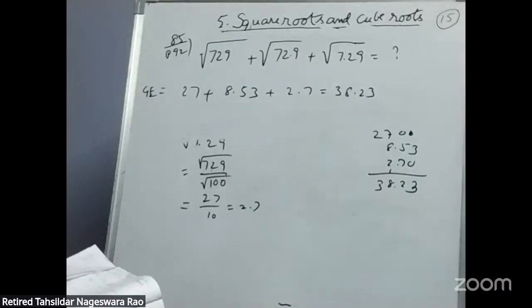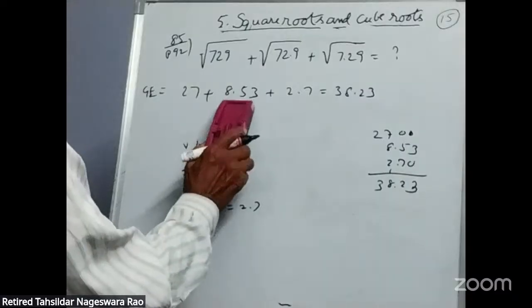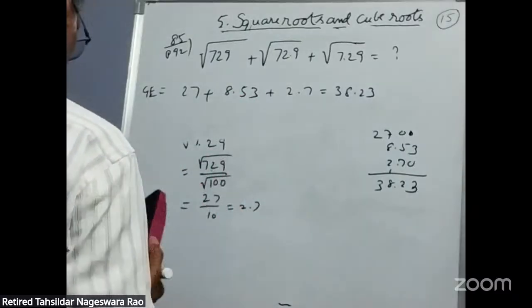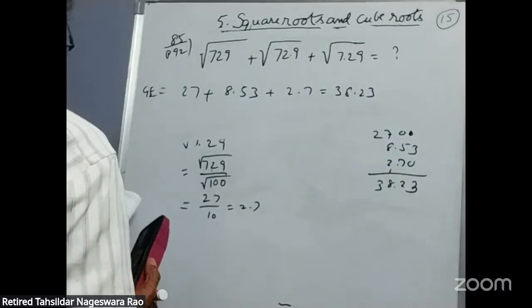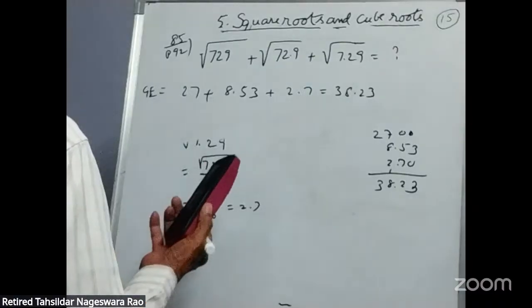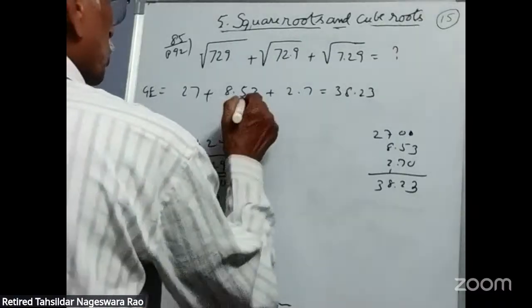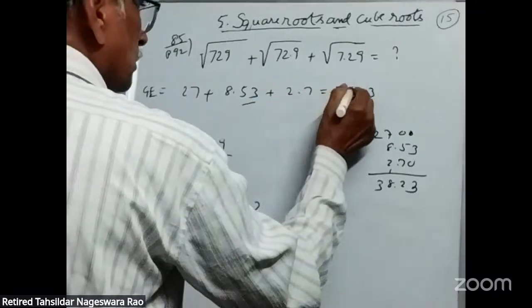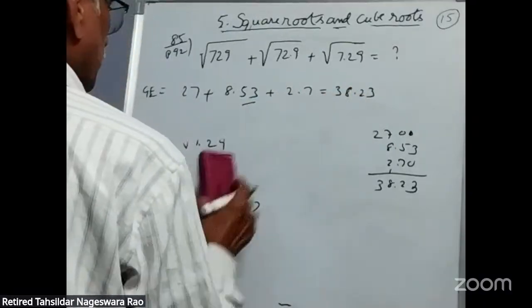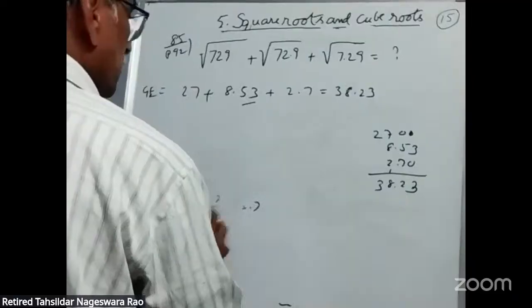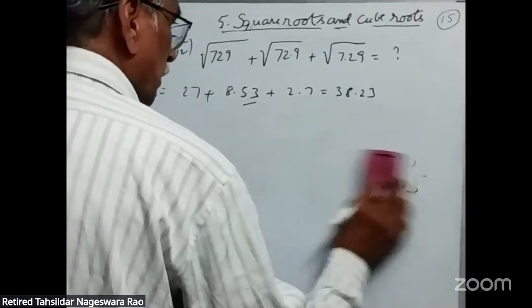There are nearby answers. We have to verify whether it is applicable or not. But here, other options are 33, 45, 40. So 38.23. Up to two decimal values is okay with the answers. The given answers, you can choose this option.